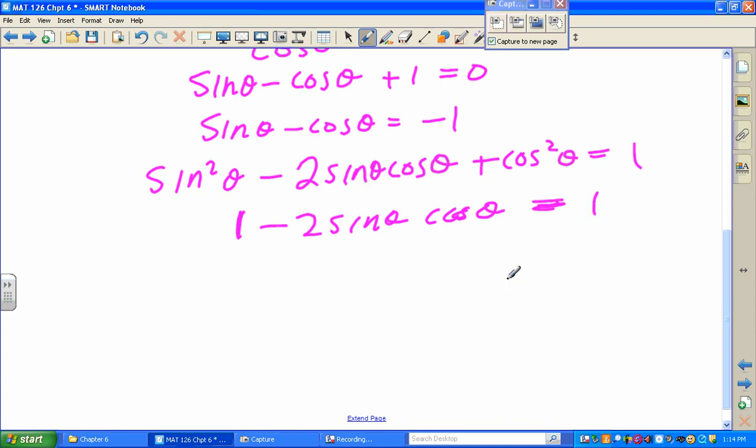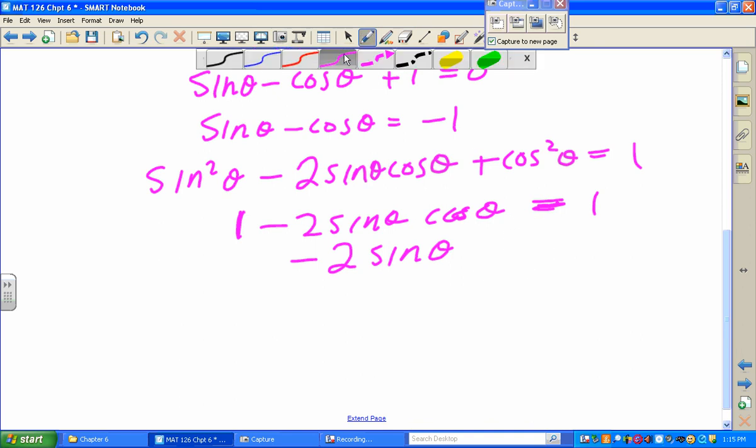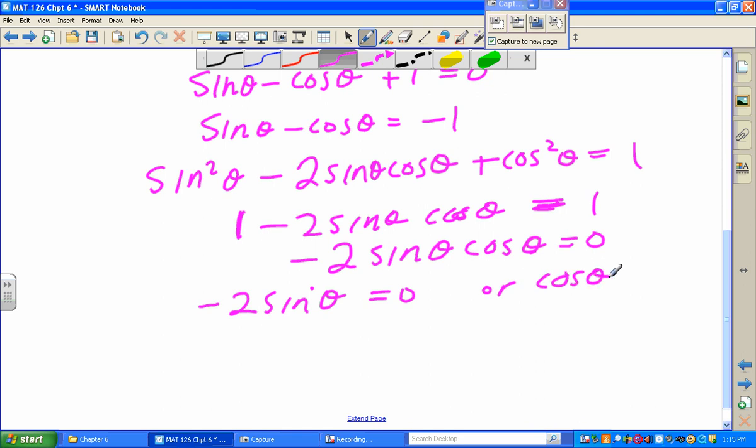So I subtract and get negative 2 sine theta cosine theta equals 0. That's my next step, I'm getting rid of that. And then I set both factors equal to 0, right? So negative 2 sine theta equals 0, or cosine theta equals 0.